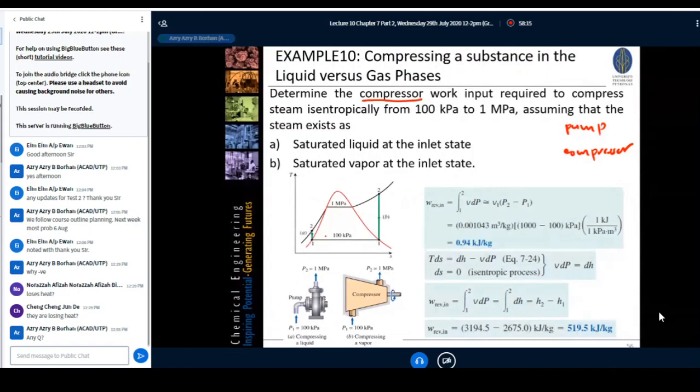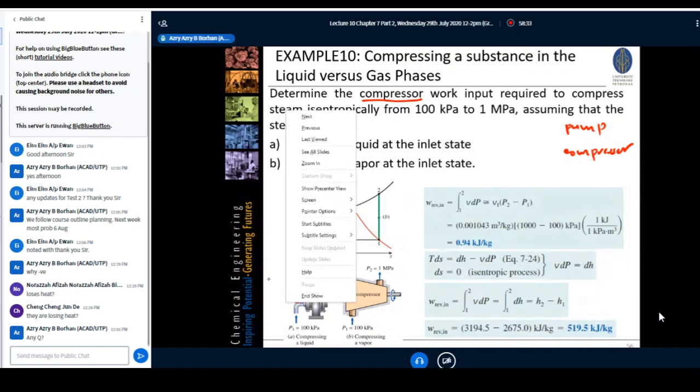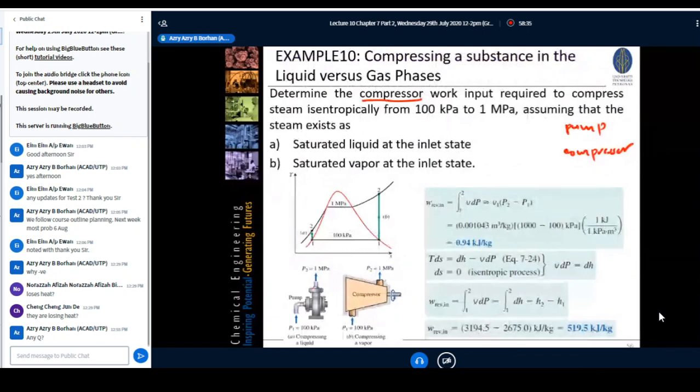Now we plot a T versus S diagram with respect to the saturation lines. This red one represents your saturation lines. Now, we know a pump handles fluid that exists in the liquid form.